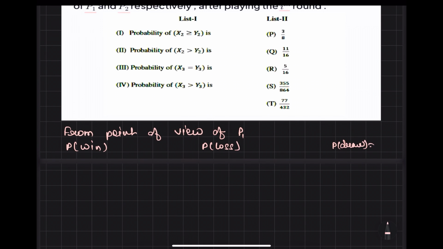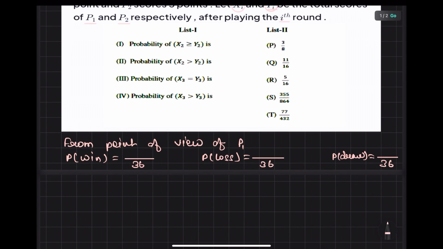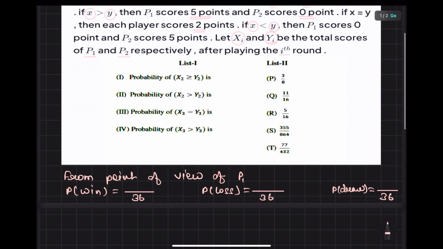So look at this. I'll throw a dice, you will throw a dice. So the total number of combinations would be 36. Out of these 36, in some games I will win, in some games you will win, in some it is a draw. First I will count the draw cases. If we share 1 1, 2 2, 3 3, 4 4, 5 5, 6 6, it's a draw game.